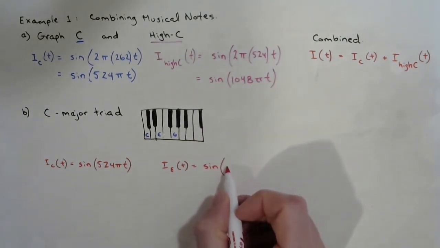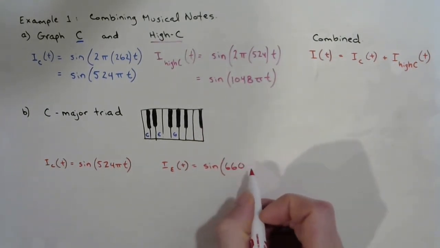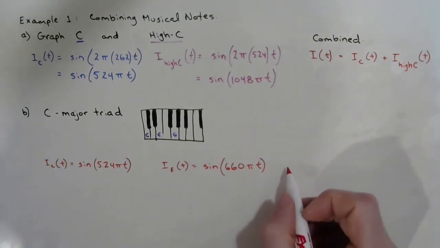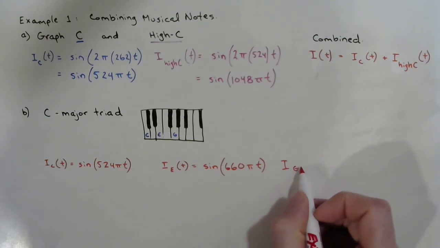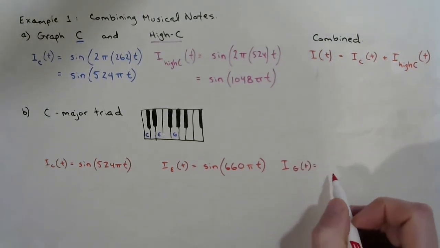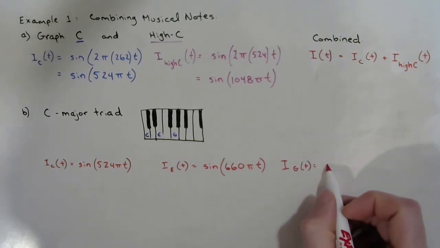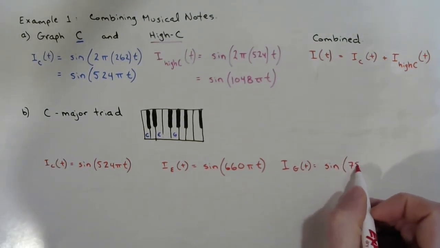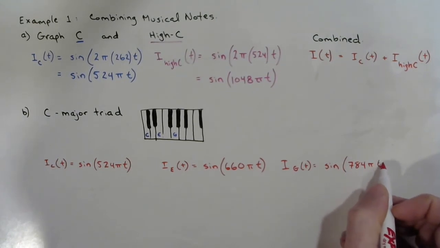So we're going to end up with a reduced function of 660 pi t for E. And then we're going to look at G. The intensity of G with respect to time is equal to the sine of 784 pi t.